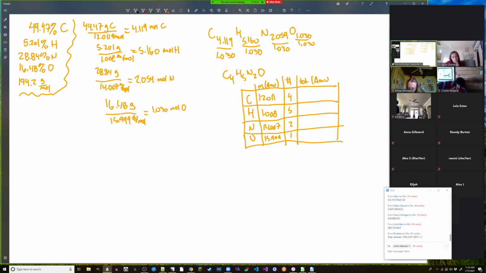So this gives us 48.044 AMU of carbon. It's going to be 5.0. I forget. I don't even remember what it is.